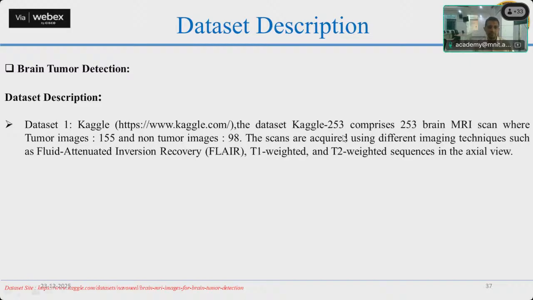Now coming to the data set part. As we told, whenever you start any research, first you need to see the data set, because the data set is where your algorithm will be evaluated. Here we are doing brain tumor detection, from the Kaggle 253 data set.